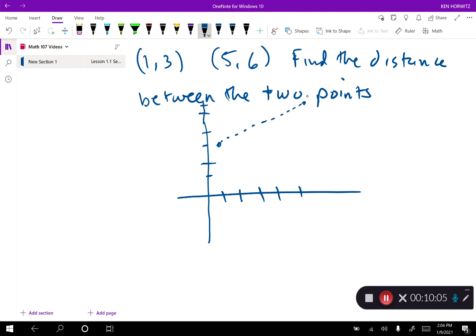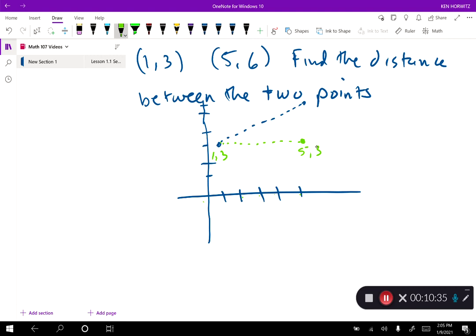And that's the distance we're looking for. We do not know that distance. However, I'm going to change colors real quick to differentiate. We do know that horizontal distance, because this is (1, 3) and this is (5, 3).